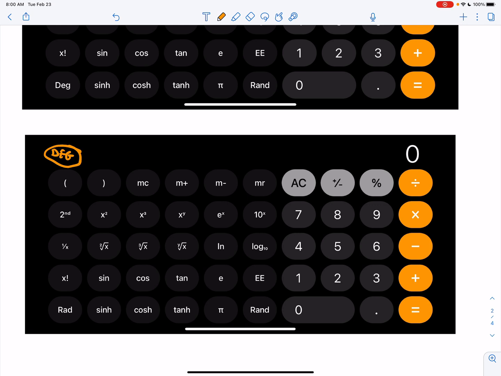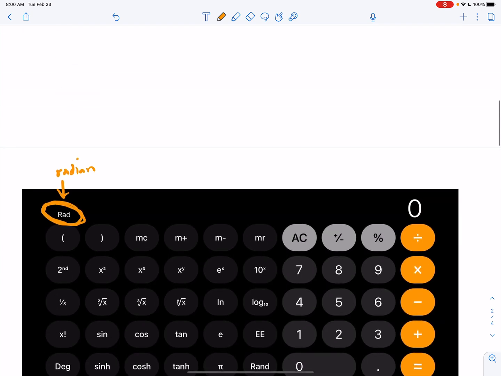If you're not using the iPhone calculator and you're using a scientific calculator, you might look for a button called mode, and on your screen it should say DEG or RAD or maybe even GRAD. Just make sure you're in the right mode. For the most part, we've been dealing with degree mode. Now we're going to introduce what this RAD or radian mode is.